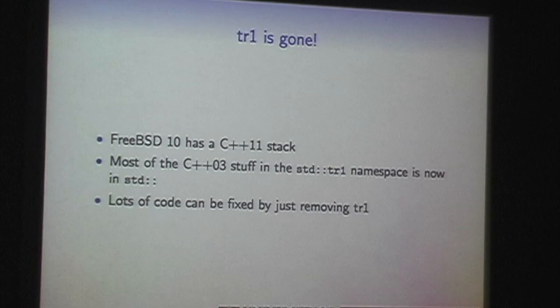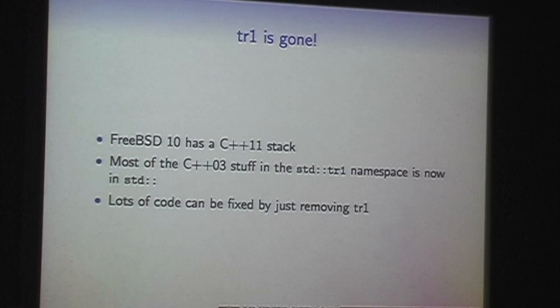One of the issues that we had was that C++03 added some extra, not quite but nearly standard stuff in the TR1 namespace. And libc++ was designed from the start as a C++11 library. So in the C++11 specification, all of this stuff was moved into the standard namespace and occasionally tweaked just a little bit for various reasons that people have discovered in the 8 years in between introducing this and people trying to use it.